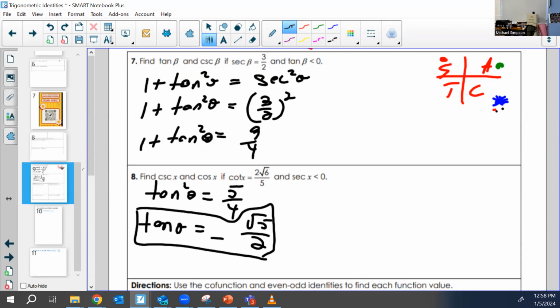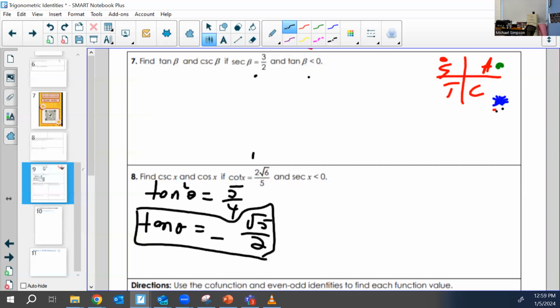Now it asks to find cosecant. The identity with cosecant, I want to erase some stuff. I'm going to go back up here and use this. The identity is 1 plus cotangent squared theta equals cosecant squared theta.